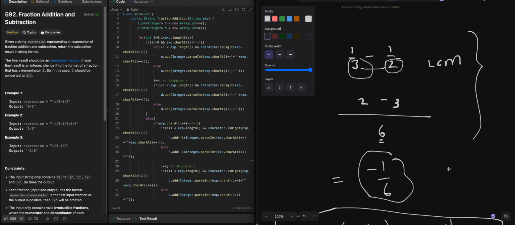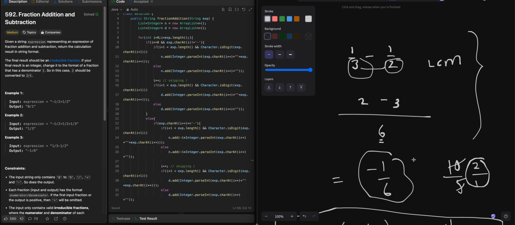Now it could be that this result is not in the smallest possible form. Let's say after solving it, it came out to be 10 by 5. This 10 by 5 is not actually the irreducible fraction. It can be further reduced to 2 by 1, correct?